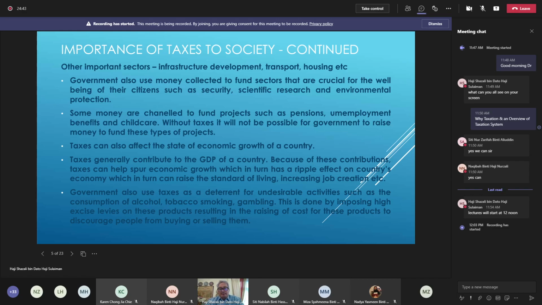Some monies are channeled to fund projects such as pension, unemployment benefits, and childcare. So in the UK, when you work, obviously you pay tax, you pay national service, you contribute to a lot of things, but the government has a pension system and an unemployment benefit system. So if you are unemployed, you can claim unemployment benefit. So at least you do not live in poverty. You do get some allowances for you to survive on a monthly basis.